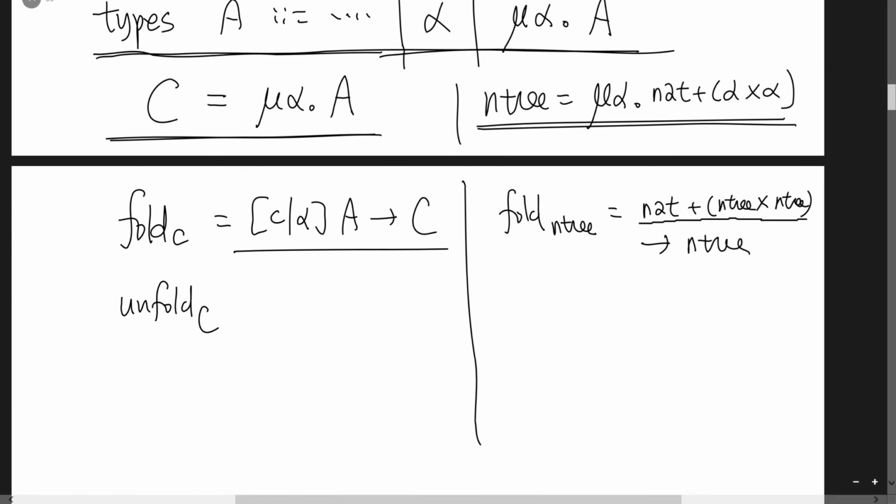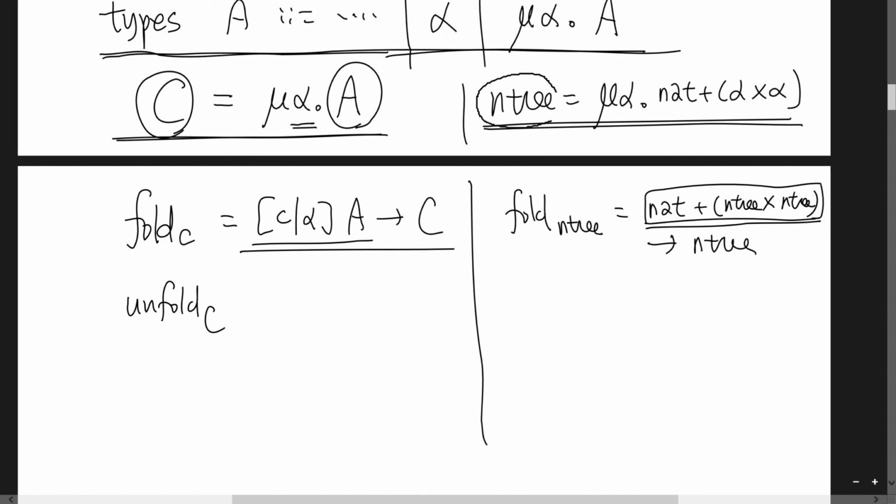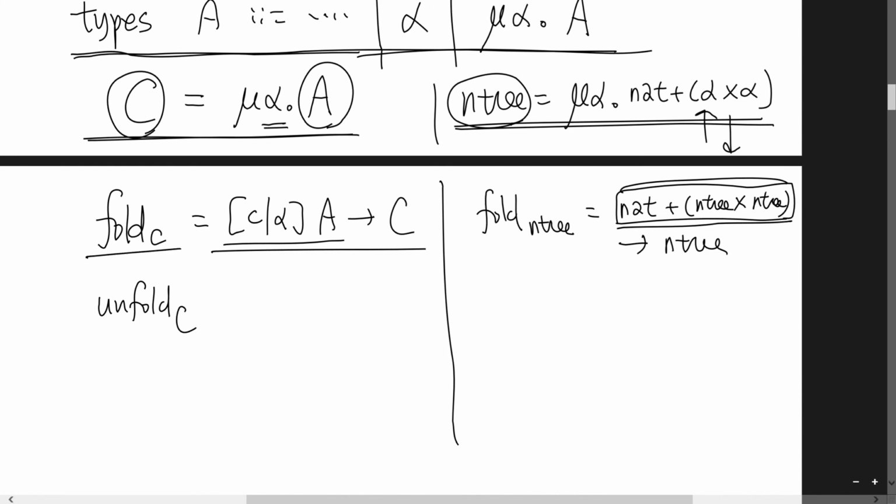And this C for alpha A corresponds to this type expression. You take this one and substitute the solution C for alpha. So if you substitute nat3 for alpha here, you get back this one. So this is the type for this fold C.